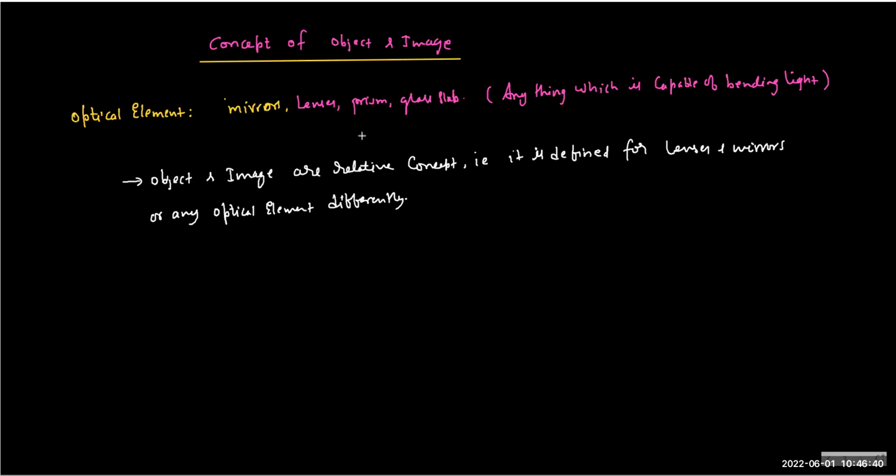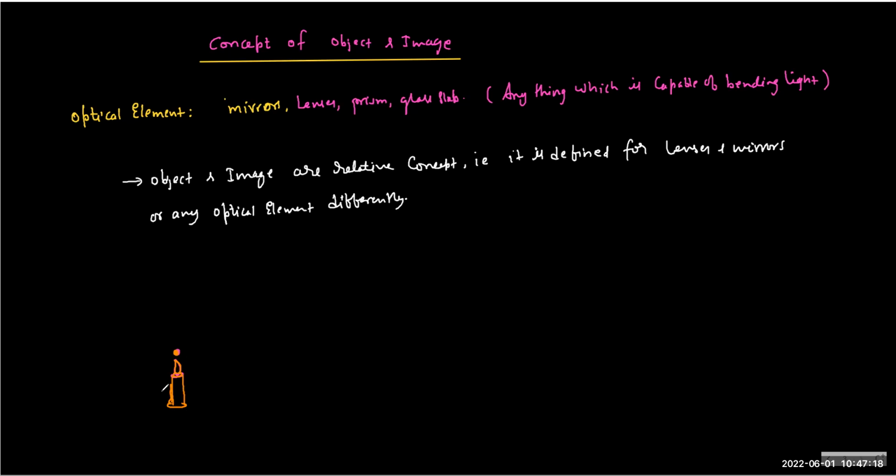First I'll give you the example and later I will explain what exactly happens. Let's say we start with something, maybe a flame of a candle. Imagine the dot above the flame as the object. I'm just trying to replace the body with a point.